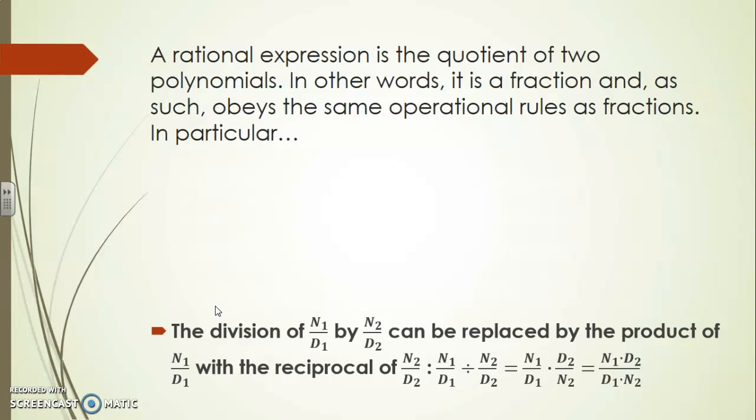Finally, the division of rational expressions can always be replaced by changing the divider n2 over d2 into a multiplication by d2 over n2. In other words, we're replacing the dividing rational expression by its reciprocal.